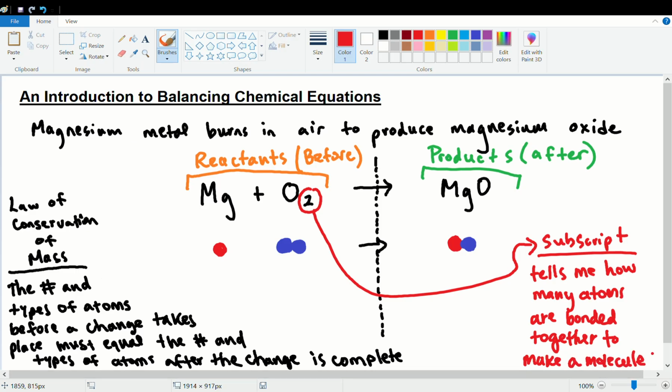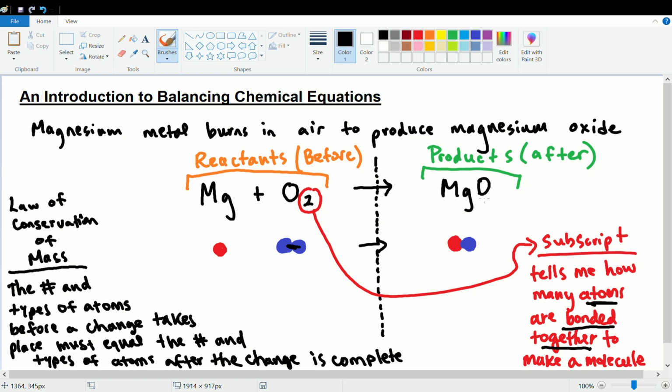Okay? The key words here being atoms bonded together. And so we see in this case, I drew two oxygen atoms and I drew them actually connected or bonding together because the subscript is telling me they need to be bonded together.